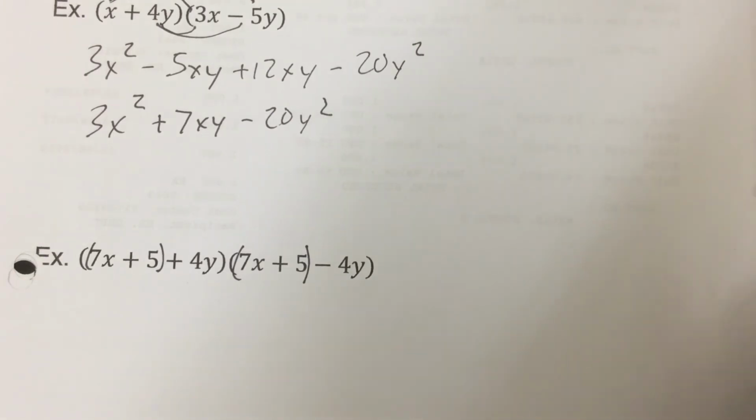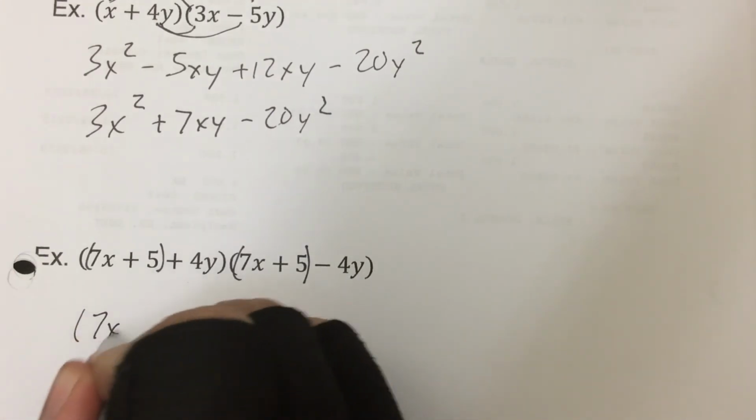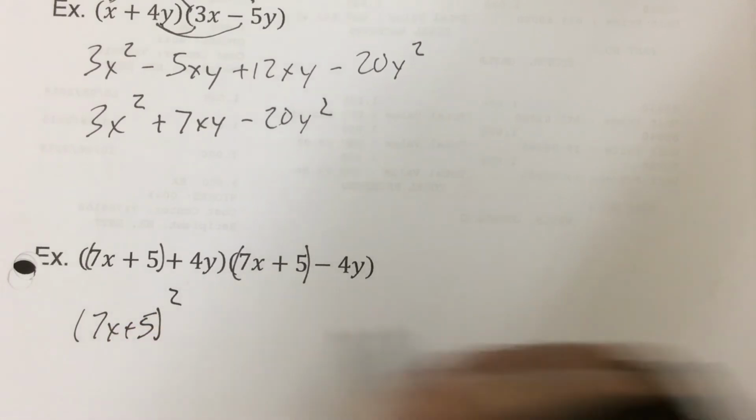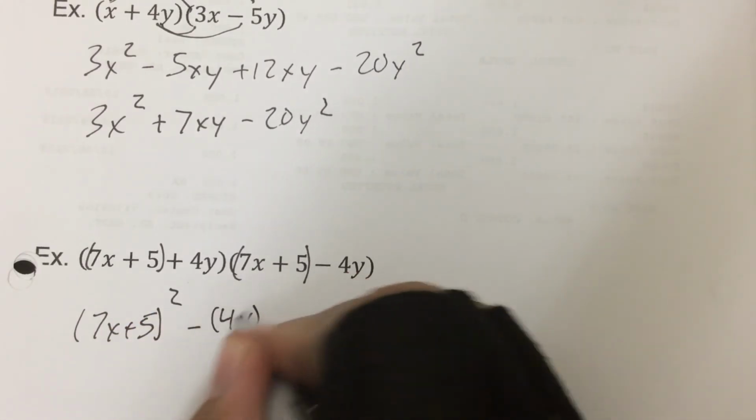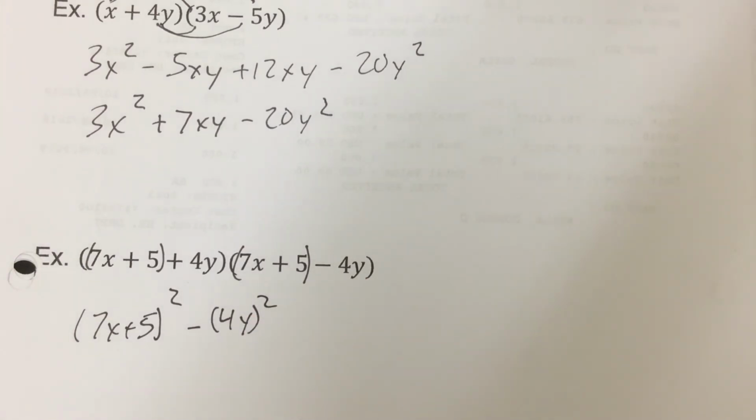So when you would do it, you would get the first one squared, so 7x plus 5 squared, minus the last one squared, 4y squared, if we follow that formula. So I'll show you the formula way, and then you can tell me later if you like it that way or if you want to do just normal multiplying. But I just want to show you another way here.